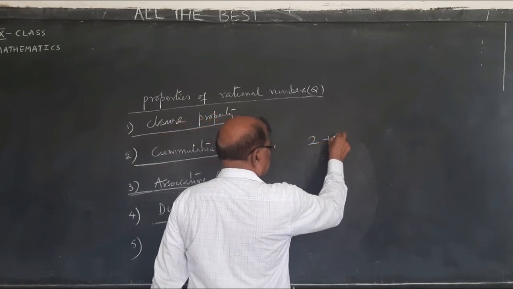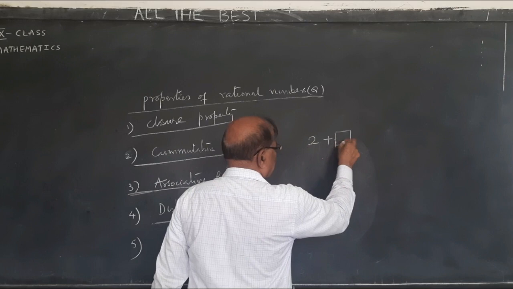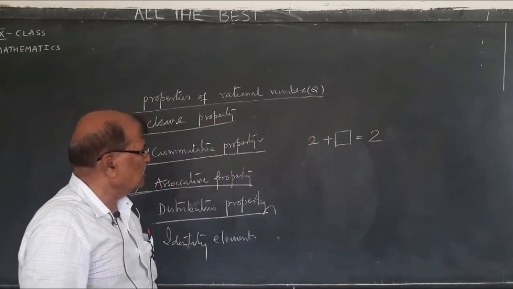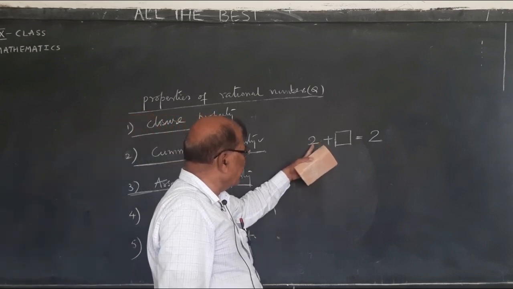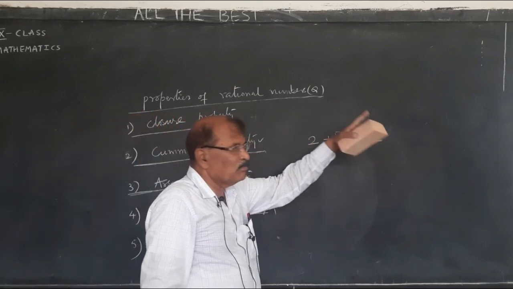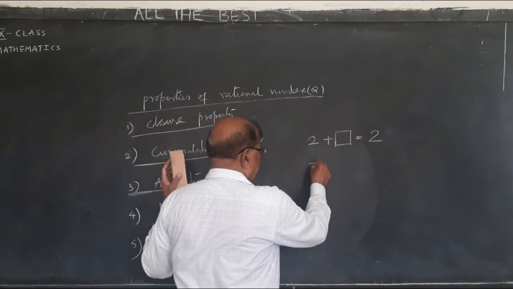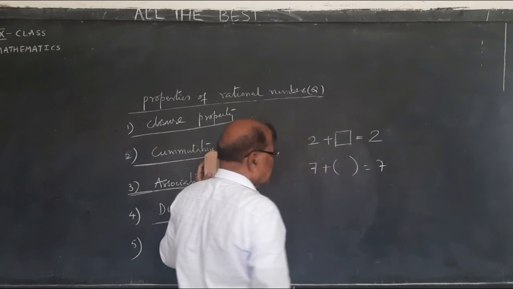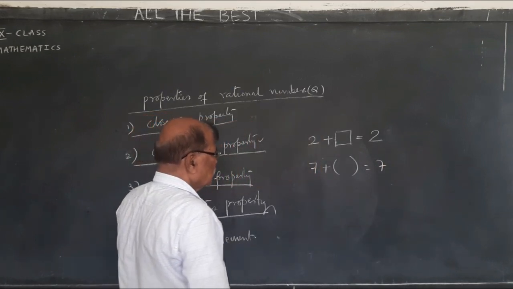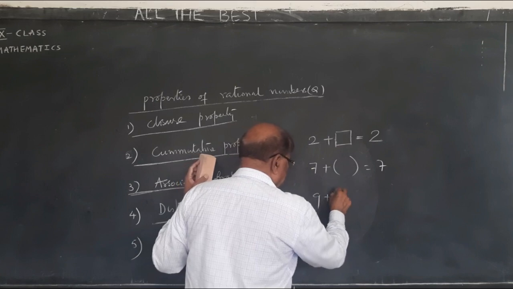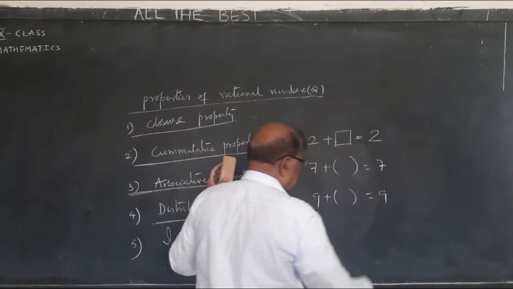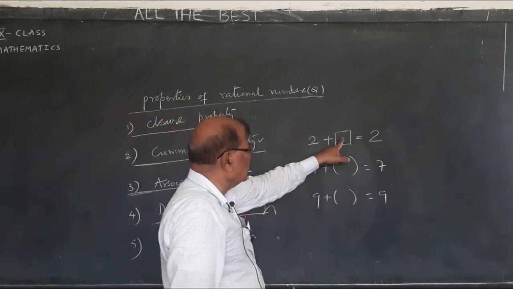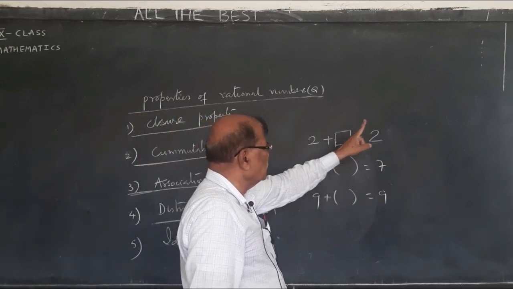Take 2. What should be added to 2 to get the same number? You take 7, something is added, you should get 7. You take 9, something is added, you should get 9. Suppose we add 1 to 2, 3 is not equal to 2.